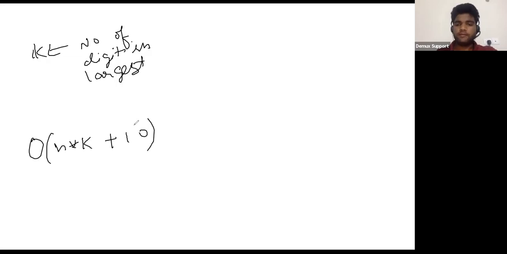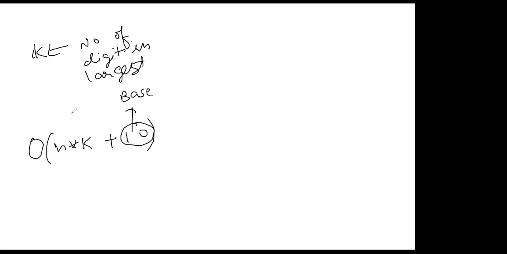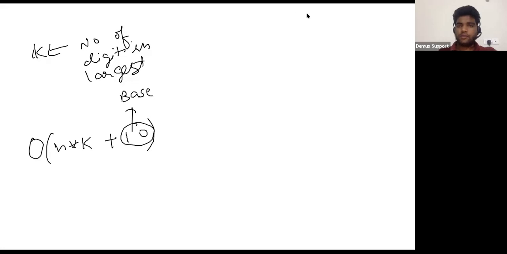Do you get what I wrote? This is basically the base. Sir, can you explain the time complexity part again? Yes, I can explain. I will just give you a skeleton. See, we have a for loop which iterates over every base, every digit, every place.